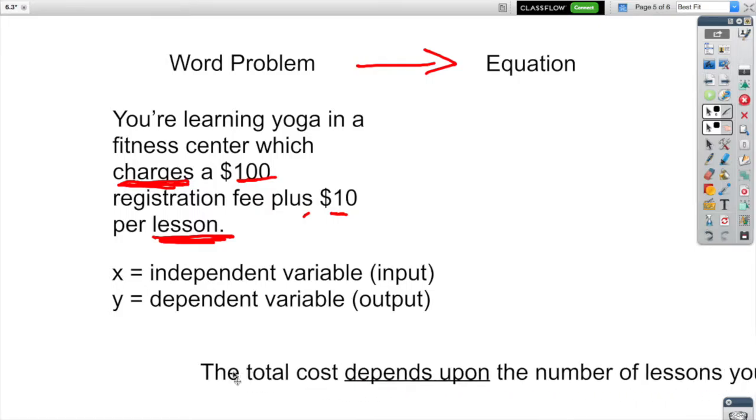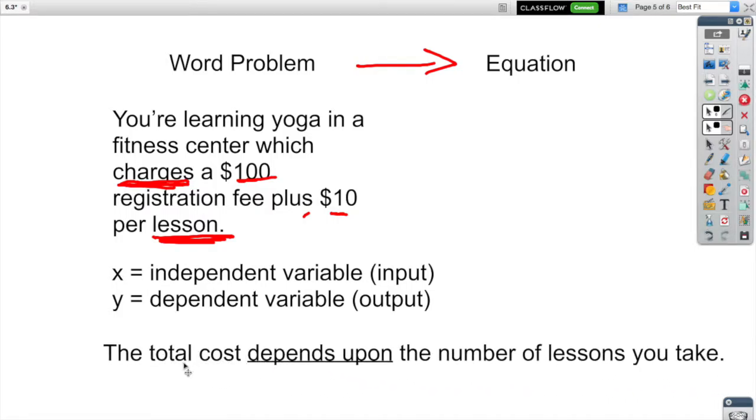So it should be like this. The total cost is going to depend upon the number of lessons you take. If I only decide to take 5 lessons, then my total cost is going to be different than if I took 20 lessons. So the cost depends upon the number of lessons.